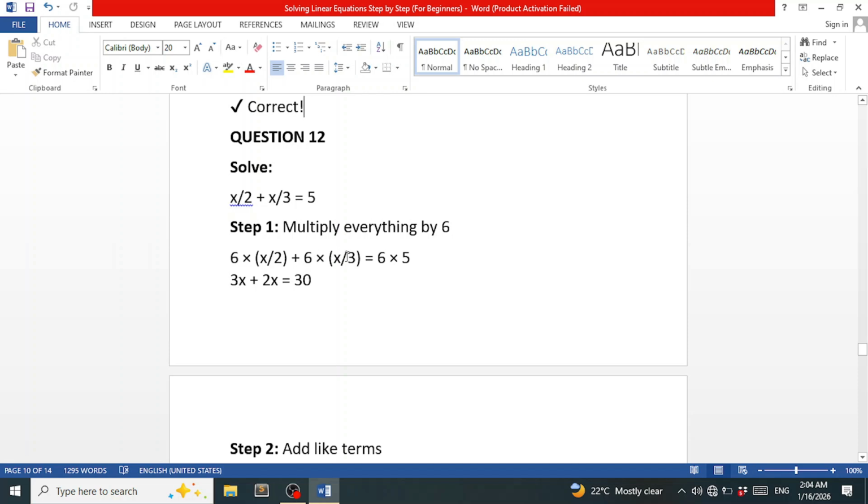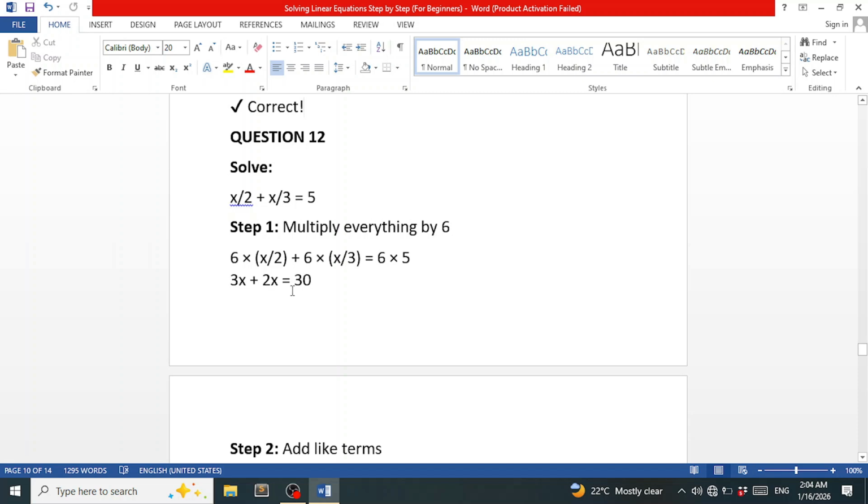So 6 divided by 3, we're gonna have 2. 2 times x inside the brackets, we're gonna have 2x, equals 5 times 6, that is 6 times 5, that is 30. So 3x plus 2x equals 30.